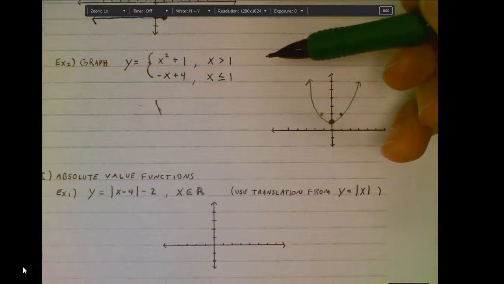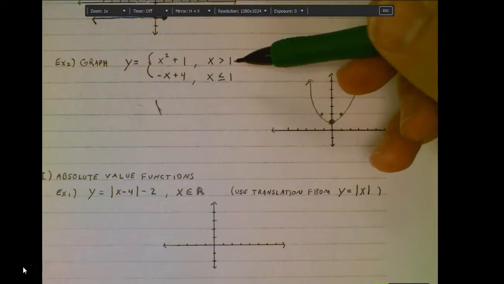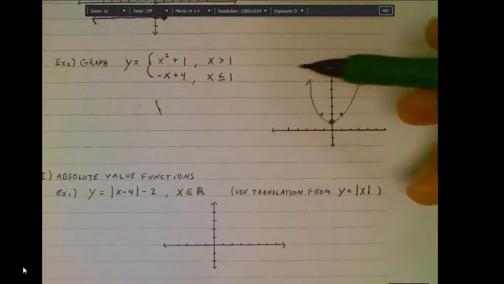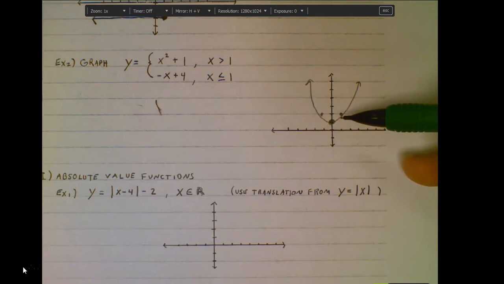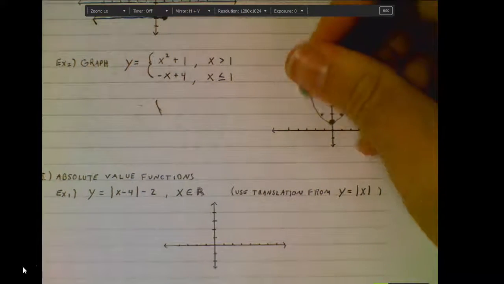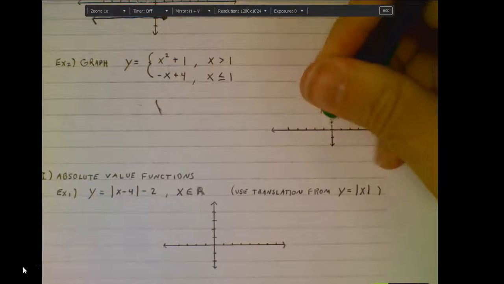But again, let's consider the limitation by the domain that we see here. As far as this one goes, it says only x is greater than 1. So here's where I get the x's that are 1, and it says it's only greater than that, which means I can only go to the right. So everything to the left of that point needs to not be seen.